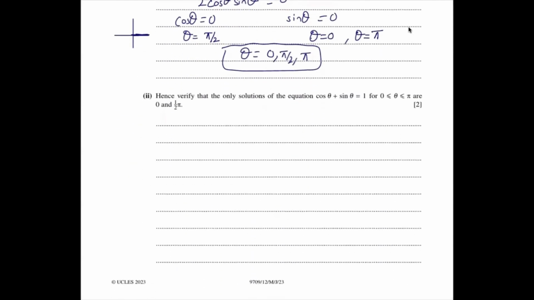In the second part, they say, hence verify that the only solutions of the equation cos theta plus sine theta equals to 1 for theta greater than equal to 0 and less than equal to pi are 0 and half pi. So we need to verify. If we need to verify, then we are just going to plug in these values in the equation.